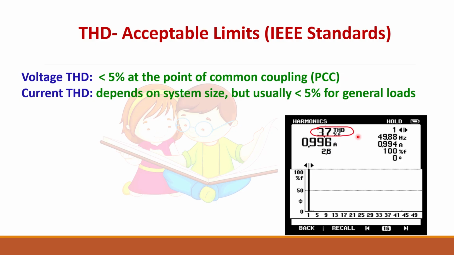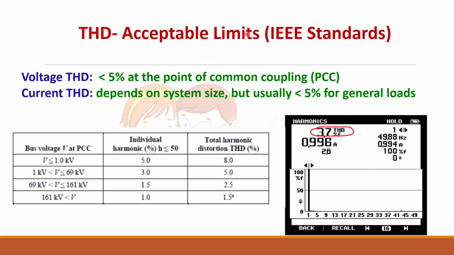That limit depends upon several factors which are defined by the IEEE. You can see here, if the bus voltage at the PCC is less than 1 kilovolt, the total harmonic distortion can be this much percentage. But in case of an individual harmonic, for example a fifth harmonic, its limit should be less than 5%. They have also given the harmonic number. If the harmonic number is less than or equal to 50, this individual harmonic can be within this limit.